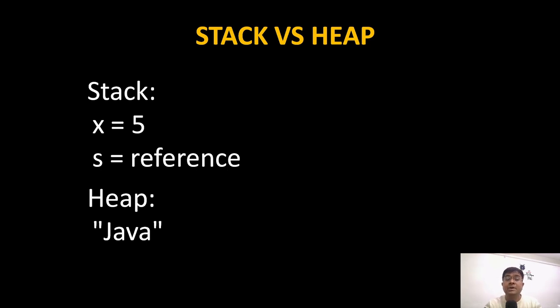In heap memory, the actual object is stored. Stack stores the primitives and references, and heap stores the objects. This concept is extremely important. So it's basically that stack stores the primitives and references, heap stores the objects.